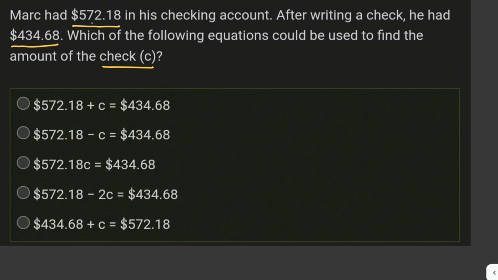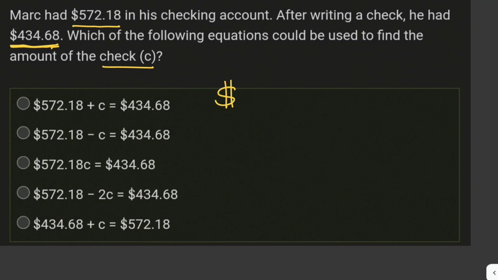So we're given here the original amount that Mark had in his checking account, and then he wrote a check. Then after writing a check, this is the amount left in his checking account. So that means we subtract the amount of the check from the original amount in his checking account.